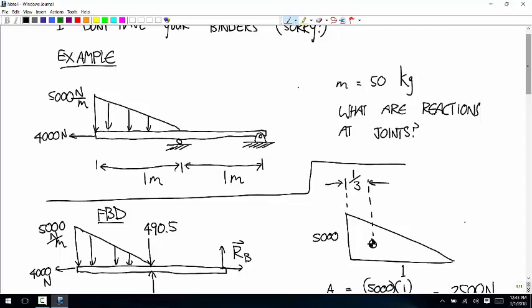But the y component of this force is actually pulling down to keep this in equilibrium. And that's because this is trying to rotate the thing like this.